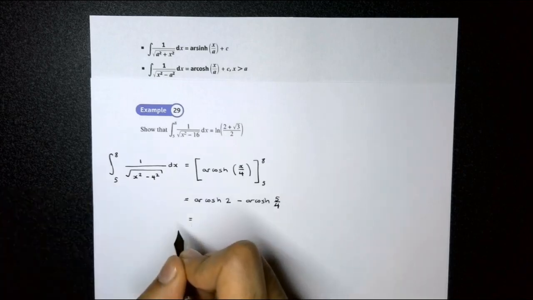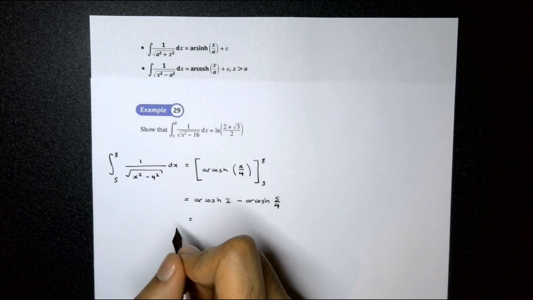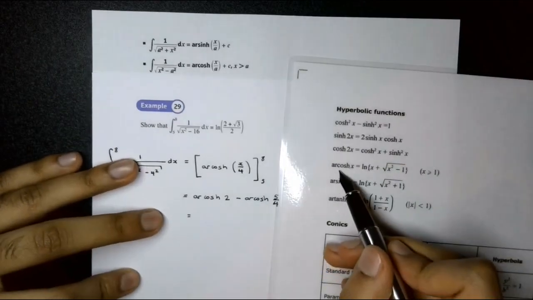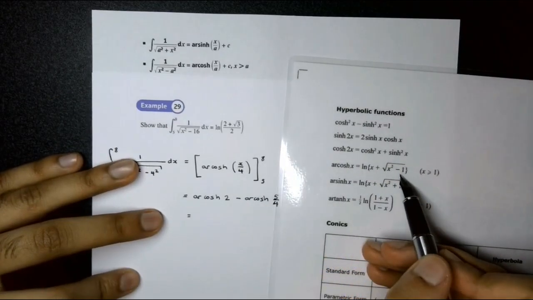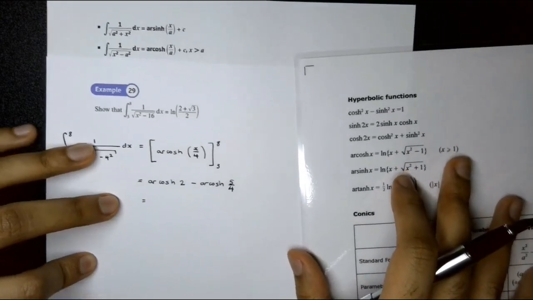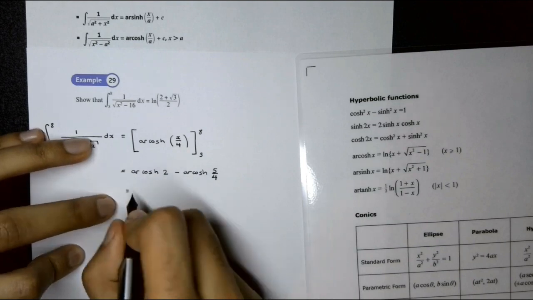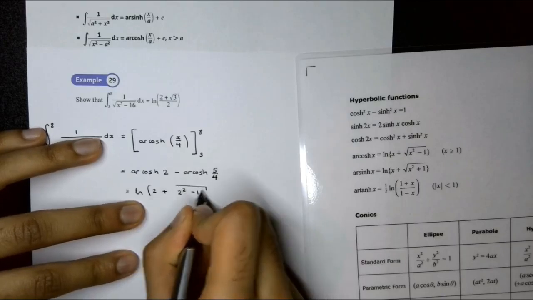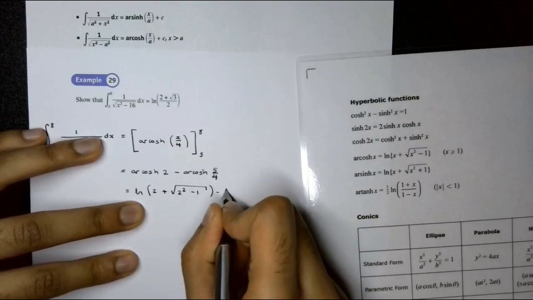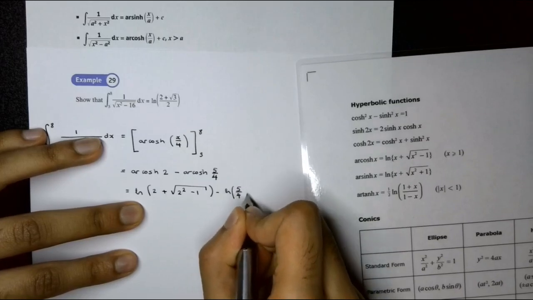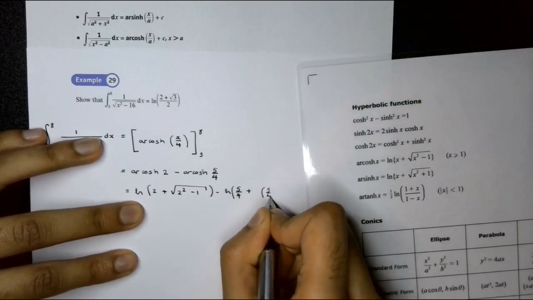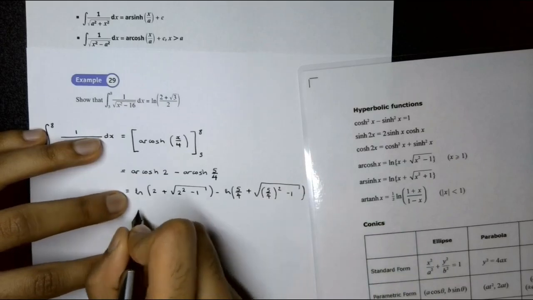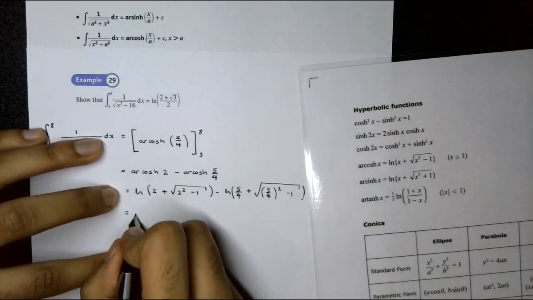So to do this, what we can do is look in the formula book under the hyperbolic section, and you'll notice for inverse hyperbolic cosine we've got this result here expressed in natural logarithm form. So if we use that idea, you can see here we've got the natural log of 2 plus 2 squared minus 1 square rooted, and then we subtract off natural log of 5 over 4 plus 5 over 4 squared minus 1 square rooted.